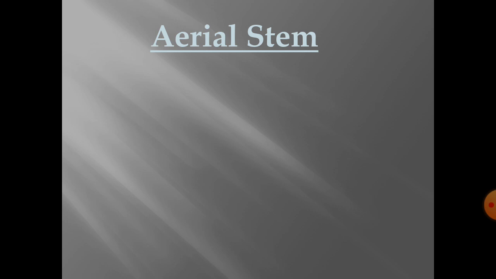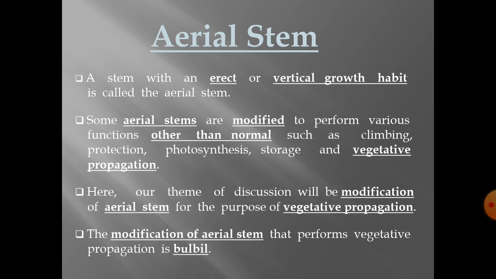A well-known example of aerial modification of a stem mentioned in NCERT is a bulbil. Dear students, whatever I have expressed about the aerial stem, the summary of that is as follows. Now moving on to the next slide.